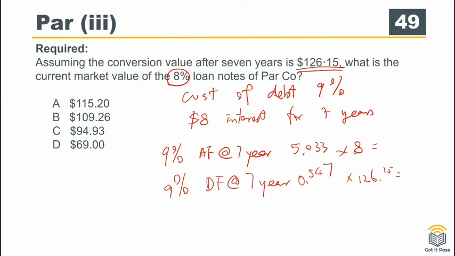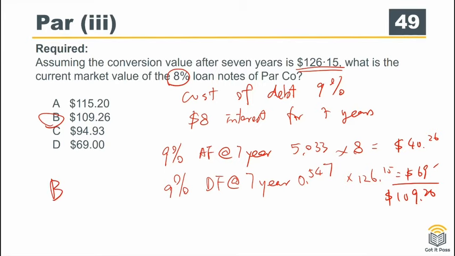So you can use your calculator to get the annuity factor of interest is 40.26, and for the conversion value with discount factor at 9%, you got $69. So total should be $109.26. So the answer is B.